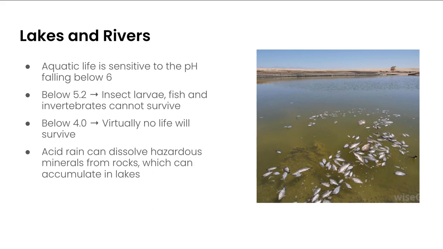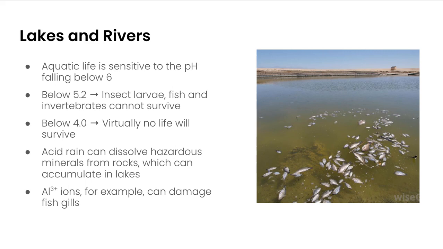And not only that, but acid rain can actually dissolve hazardous minerals from the rocks, which can then also accumulate in lakes. And then that also contributes to the loss of aquatic life. For example, aluminum ions, which we talked about in the last slide, where the acid rain is dissolving that from different rocks, that can actually damage fish gills.